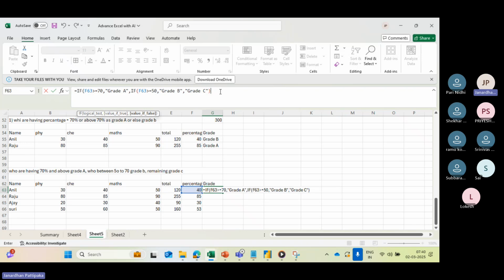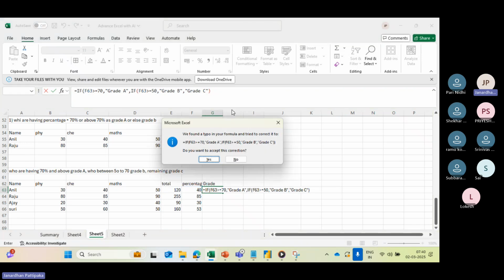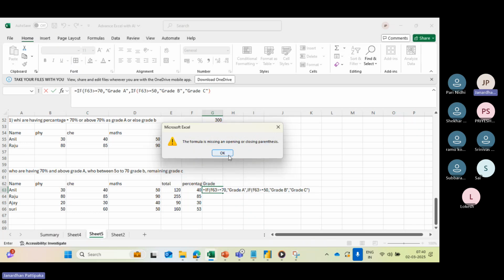Once you have written this formula, just check it. Grade A is greater than or equal to 70, and you have the reference to the percentage. Okay. In the closing, actually what happened?